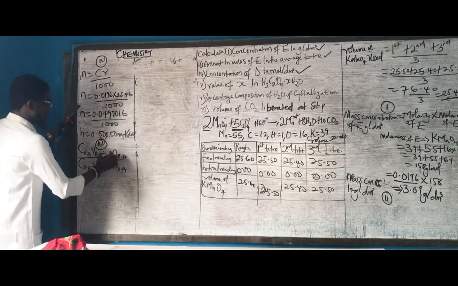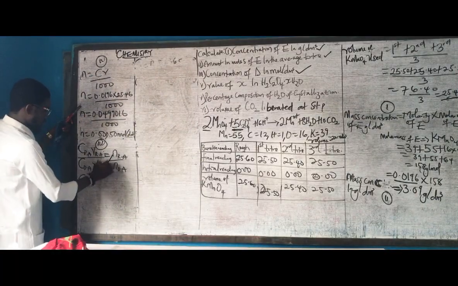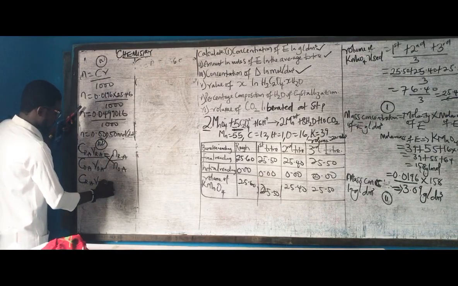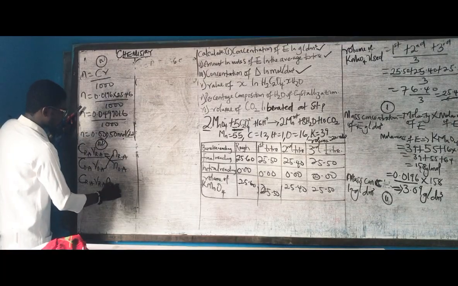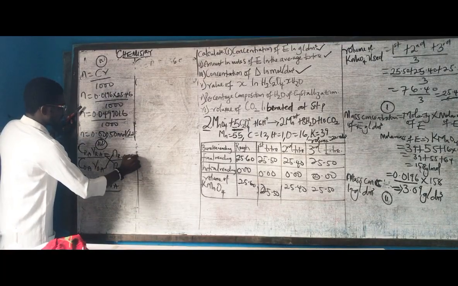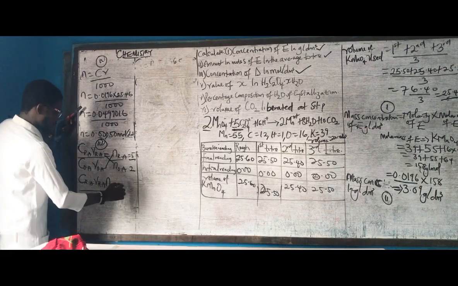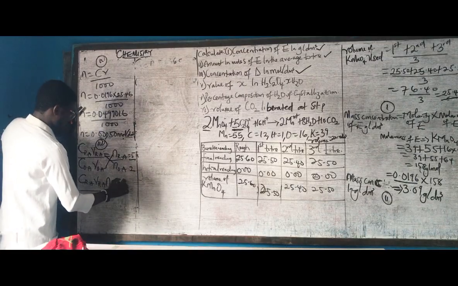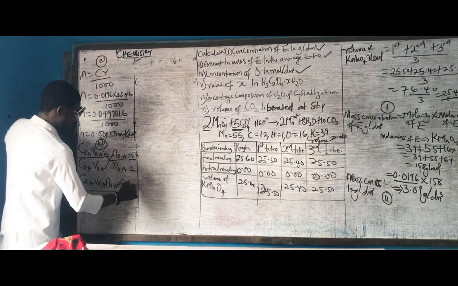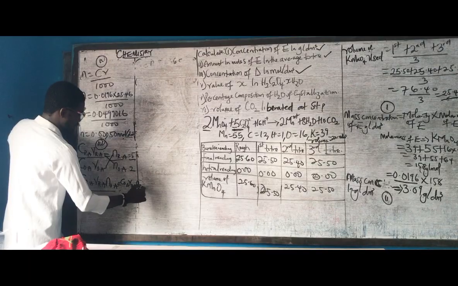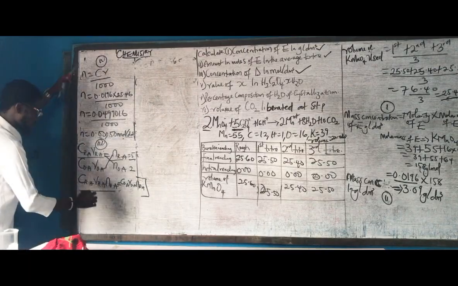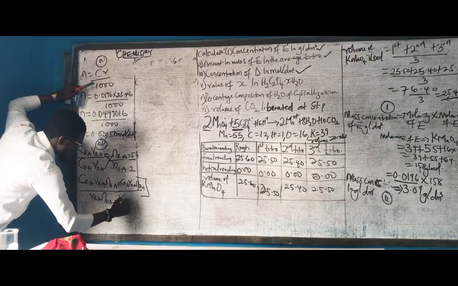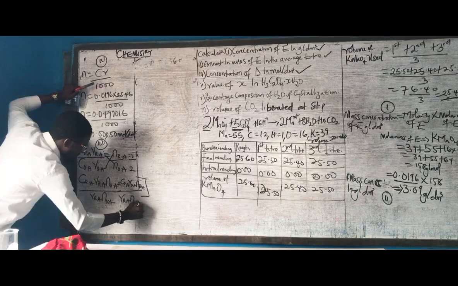So when you cross multiply, we said C reducing agent, volume of reducing agent, number of mole of oxidizing agent. Mind you, this one is 5 and what? 2. So CRA times VRA times NOA equals COA times VOA times NRA.